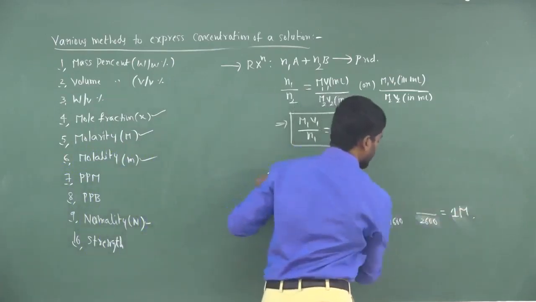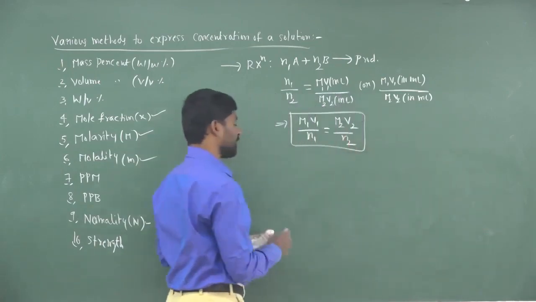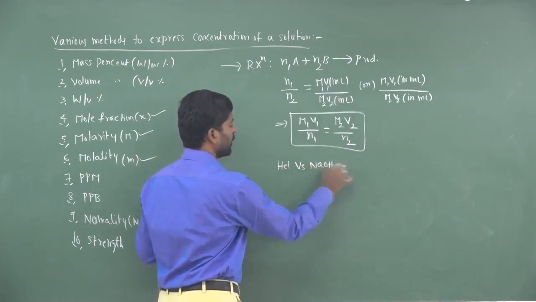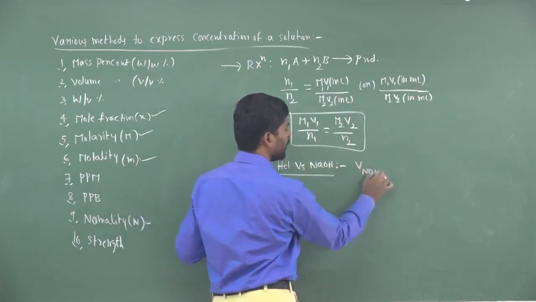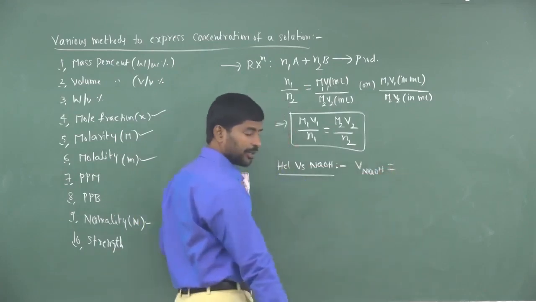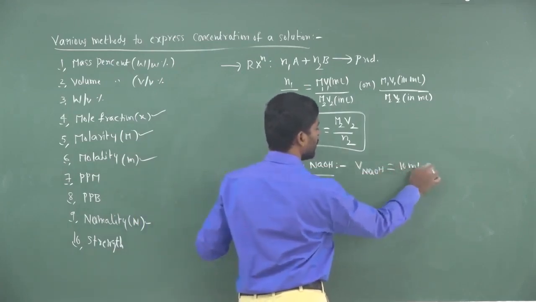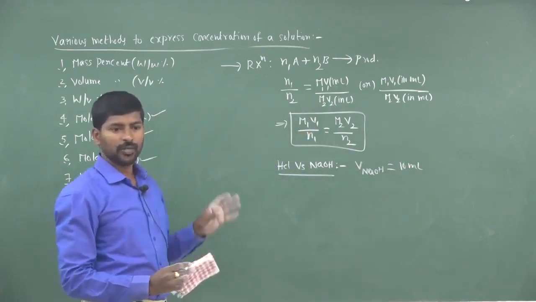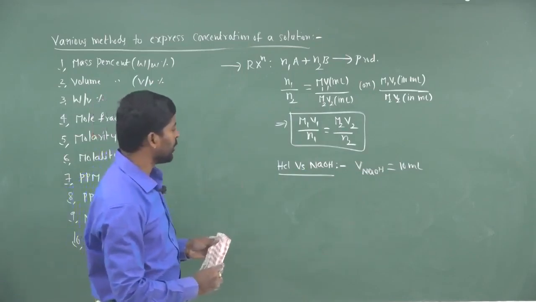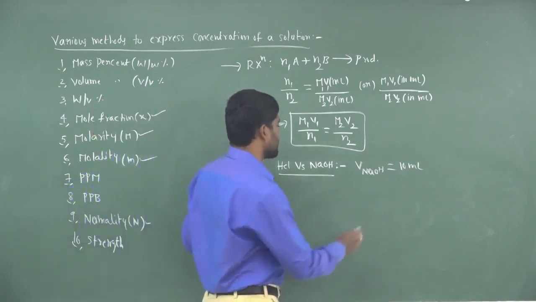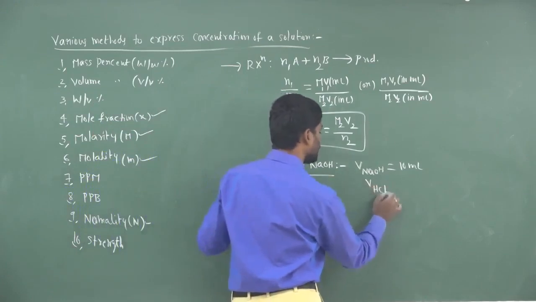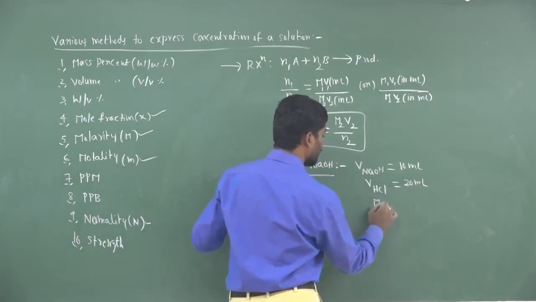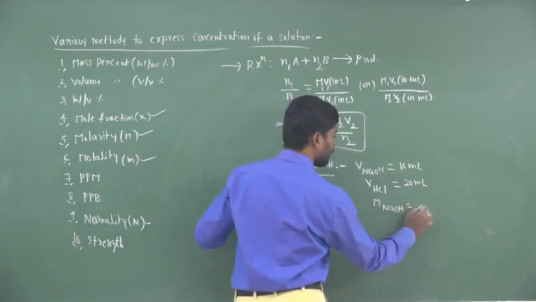For example, take HCl versus NaOH using phenolphthalein indicator. The end point, a color change from colorless to pink, is observed at 10 ml. So the volume of NaOH required to neutralize HCl is 10 ml. We took 20 ml volume of HCl, and the molarity of NaOH is 1.